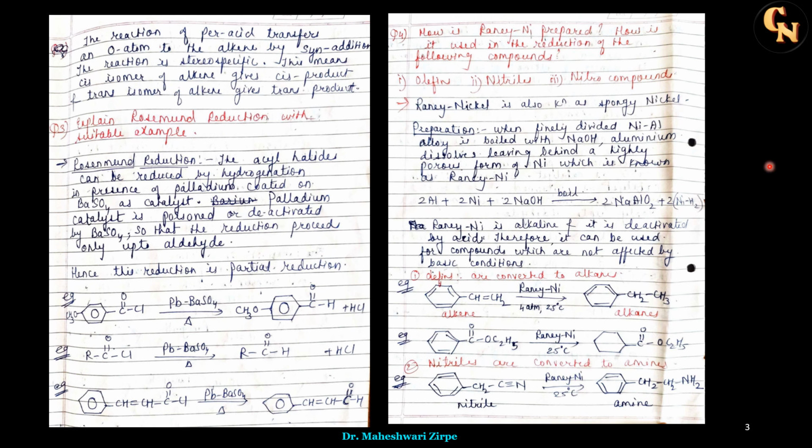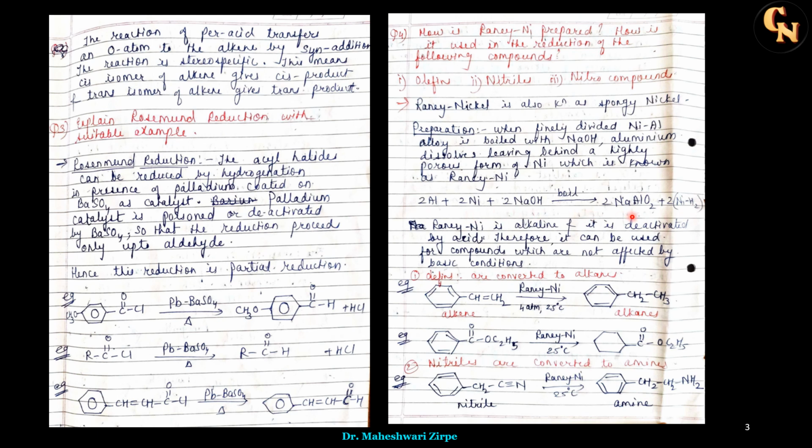and for its preparation, a finely divided nickel-aluminum alloy is boiled with NaOH, that is sodium hydroxide. Aluminum dissolves and leaves behind a highly porous form of nickel, which is known as Raney nickel. So now I think you are clear that Raney nickel is nothing but a porous form of nickel. The reaction we can show here: 2Al plus 2Ni, that is nickel, with sodium hydroxide.